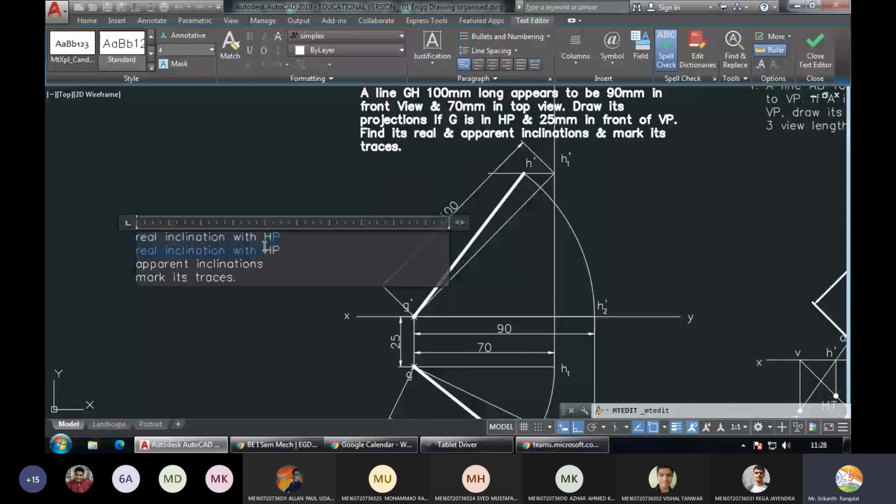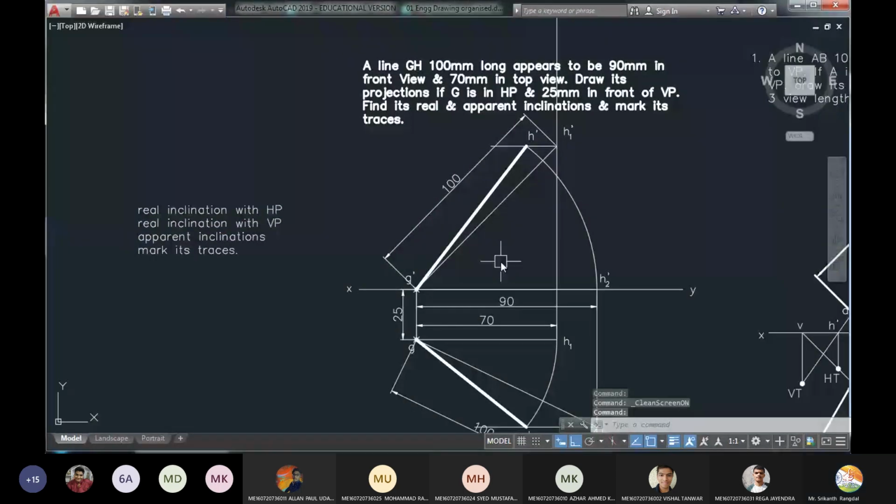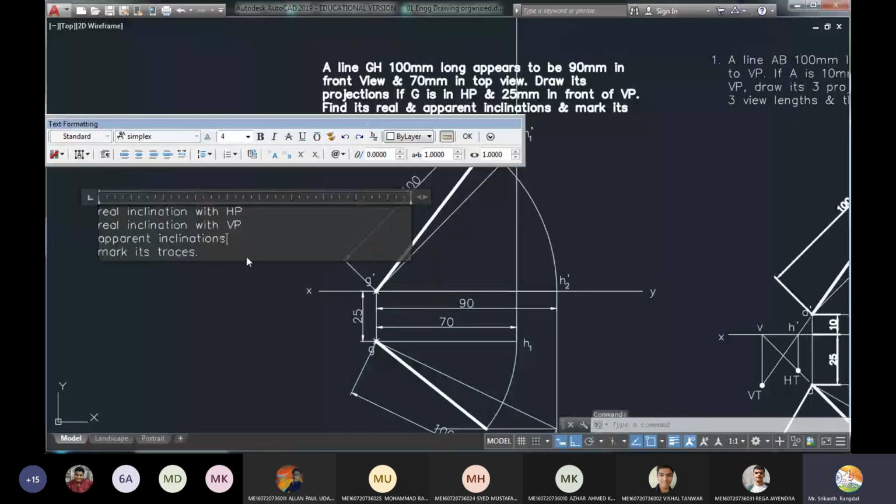Okay. So I will one by one mark the dimensions. You tell me which one it is. And apparent inclination, when we say apparent inclination, it is of the front view and of the top view.